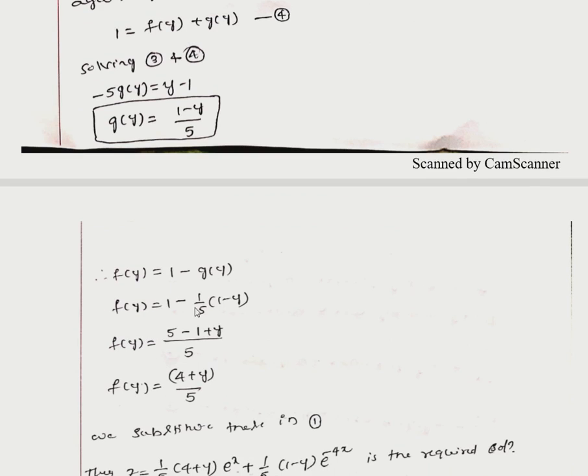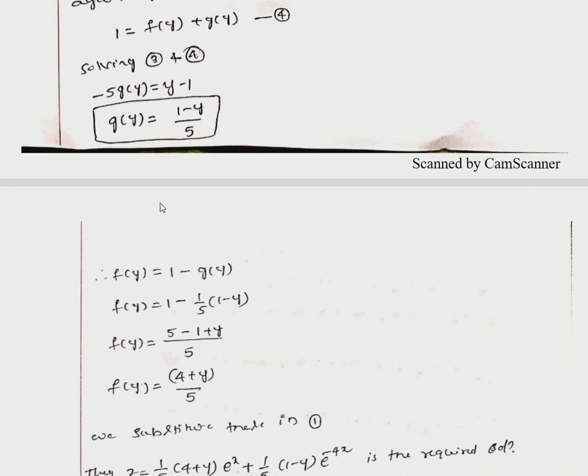Take the LCM, 5. 5 into 1 is 5, minus 1 into (1 minus y), so minus 1 plus y, divided by 5. f(y) is equal to (5 minus 1) is 4, so (4 plus y) divided by 5. This is f(y).